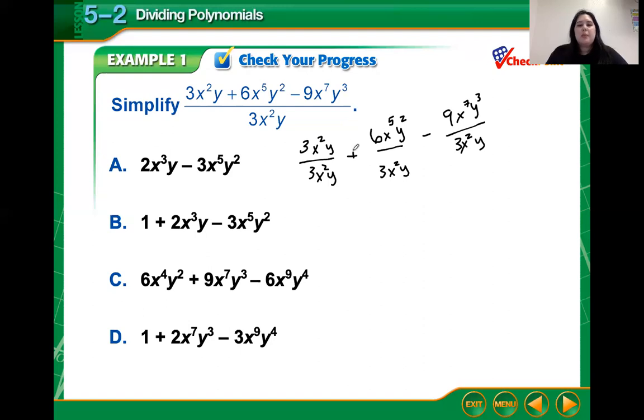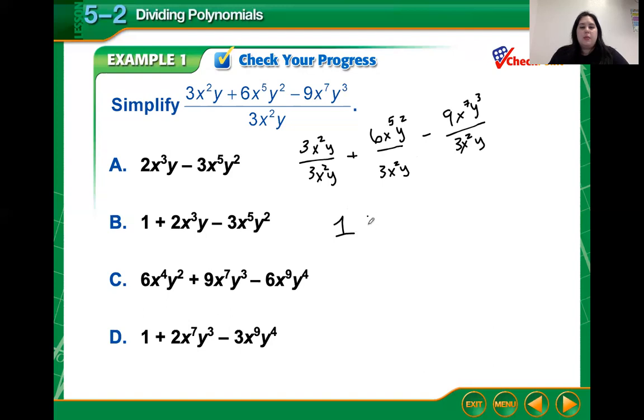When we set these up, the plus and minus signs depend on the signs in the given expression. Notice in this first fraction we have the same numerator and denominator, so that reduces to 1.